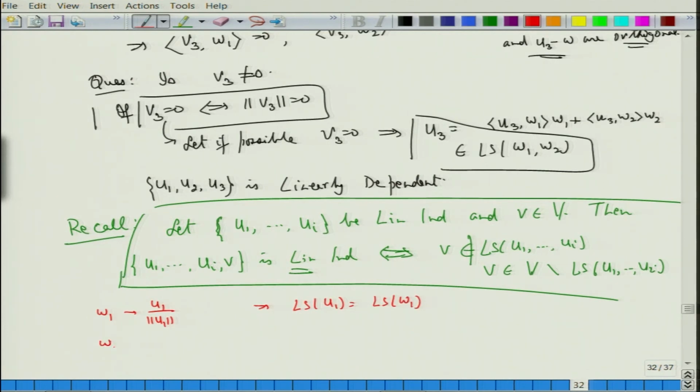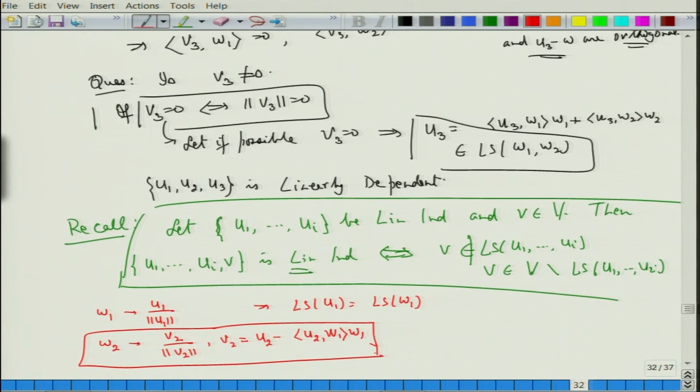Then we define w2 as v2 divided by length of v2, and what was v2? v2 was equal to u2 minus <u2, w1> w1, all right. This is how we defined it. So, can I say from here that this implies that the linear span of u1, u2 is the same as the linear span of w1, w2? Can I say this?